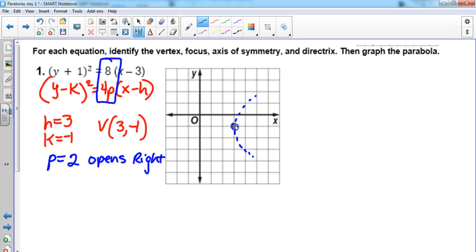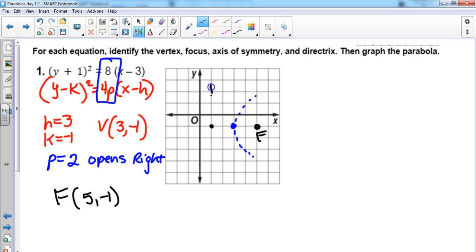Go to the vertex and go inside, or further to the right 2, and I'd find the focus. What would that be? We added 2 to the x, right? We added the p onto the x. We go to the left 2, and we get a dot here, but the directrix isn't a dot.